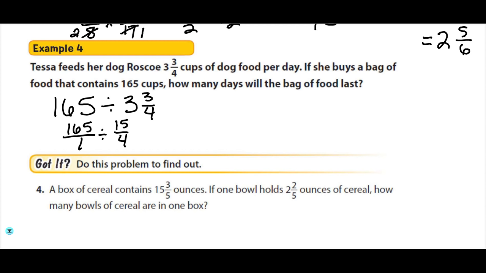All right, now we're going to keep, change, flip. So we'll do keep, change, flip. All right, so let's see here. How many times does that 5 go into 165?